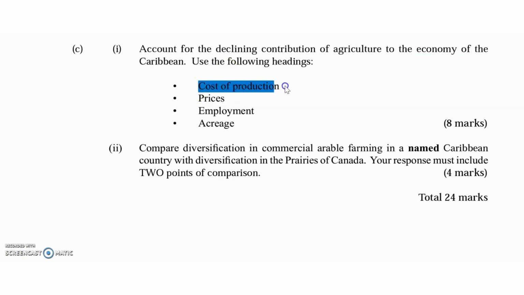Now, with respect to the cost of production, it is becoming very expensive. It is becoming very high. The cost of production is increasing progressively. As a matter of fact, right now there are many agricultural products and produce, I should say, whose cost is increasing, and the reason for that is because the price of food is also increasing.